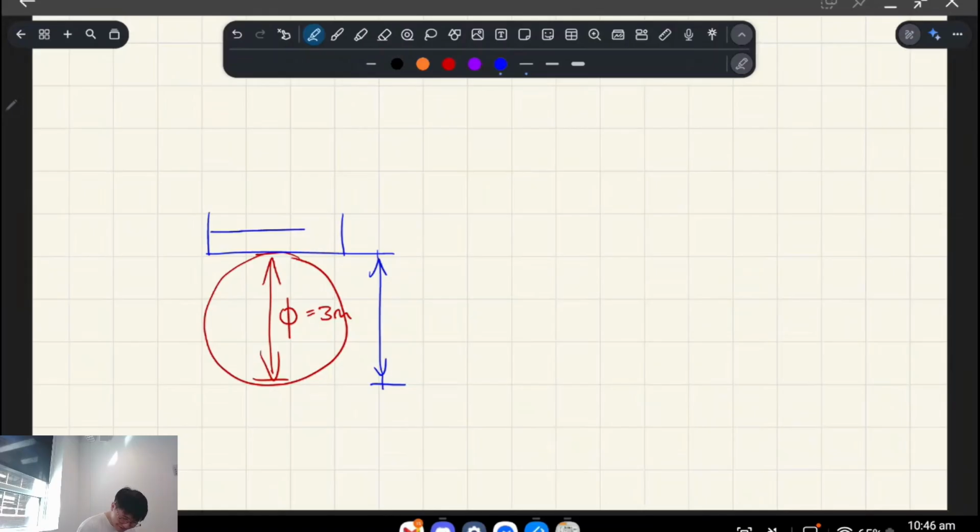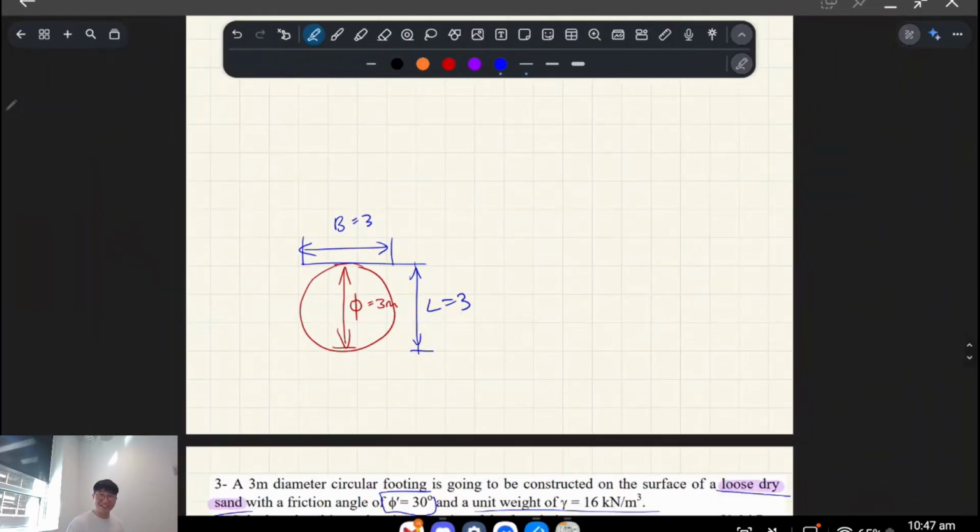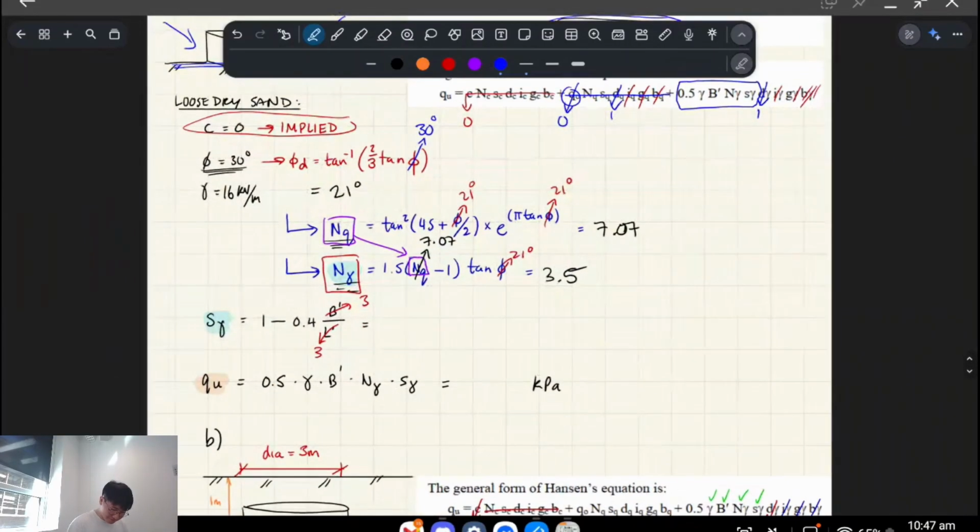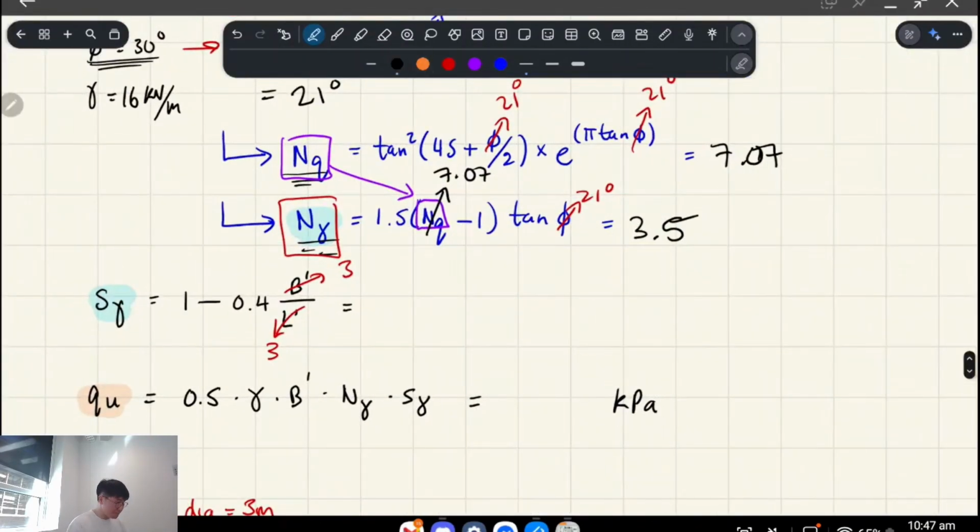So B is 3, and L is 3. It's the greatest width and length in that direction, which is just the diameter. That ends up being 0.6.